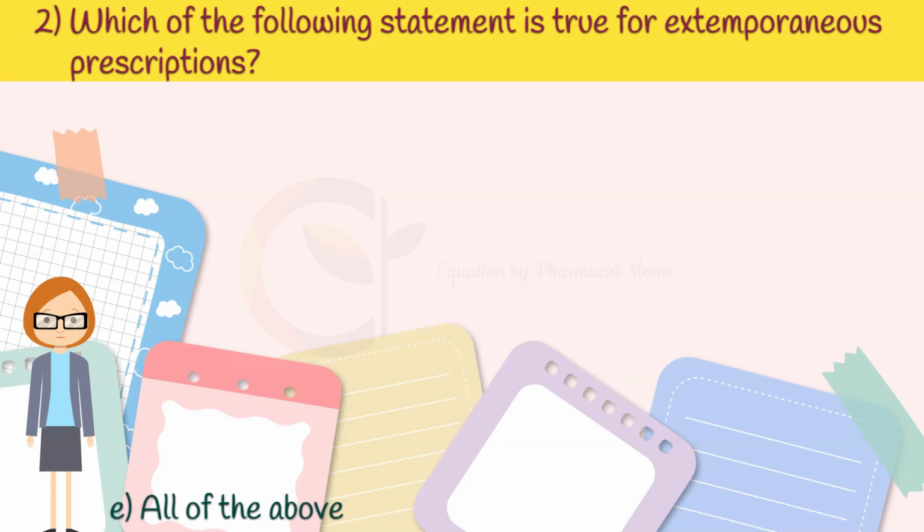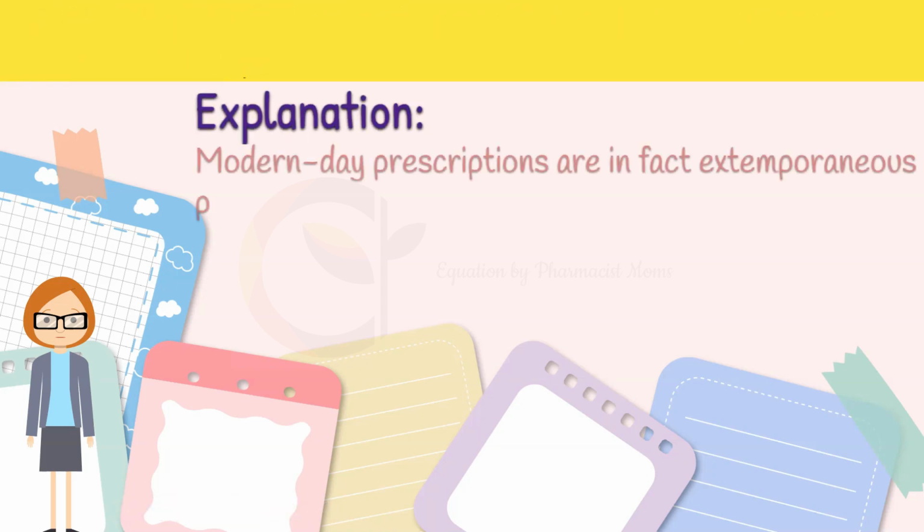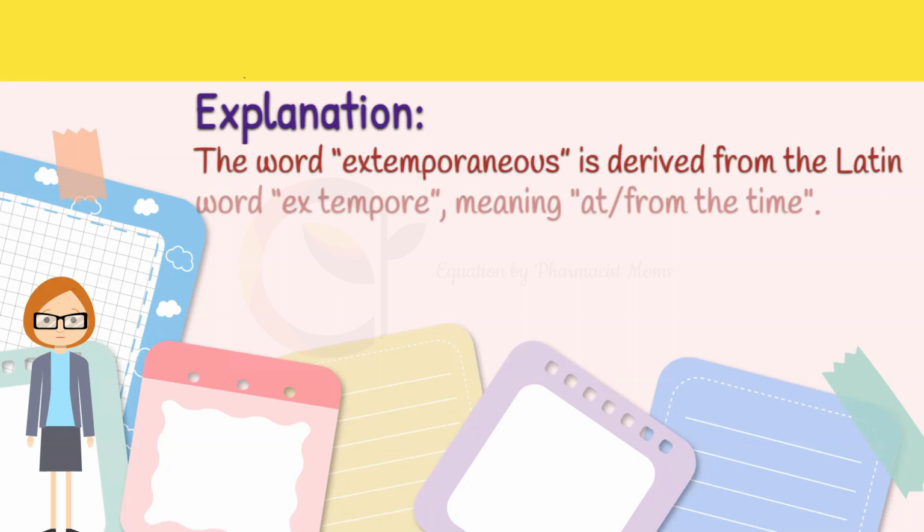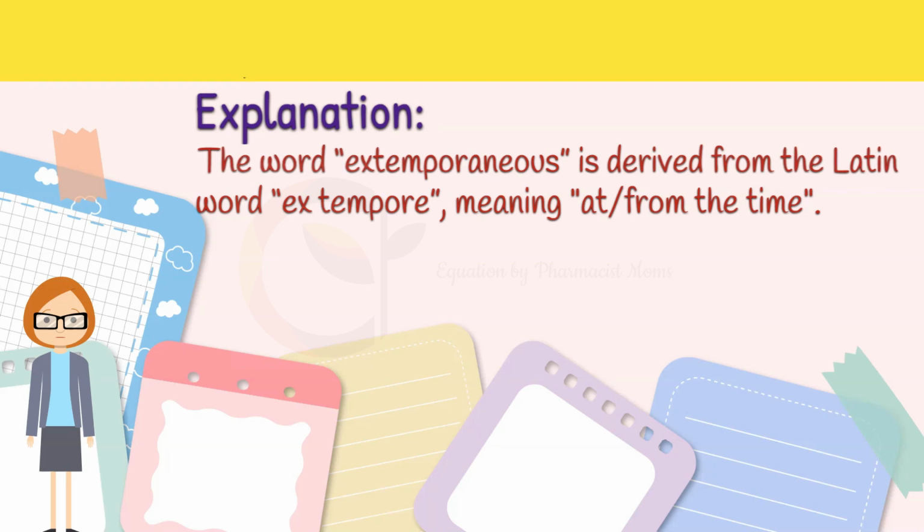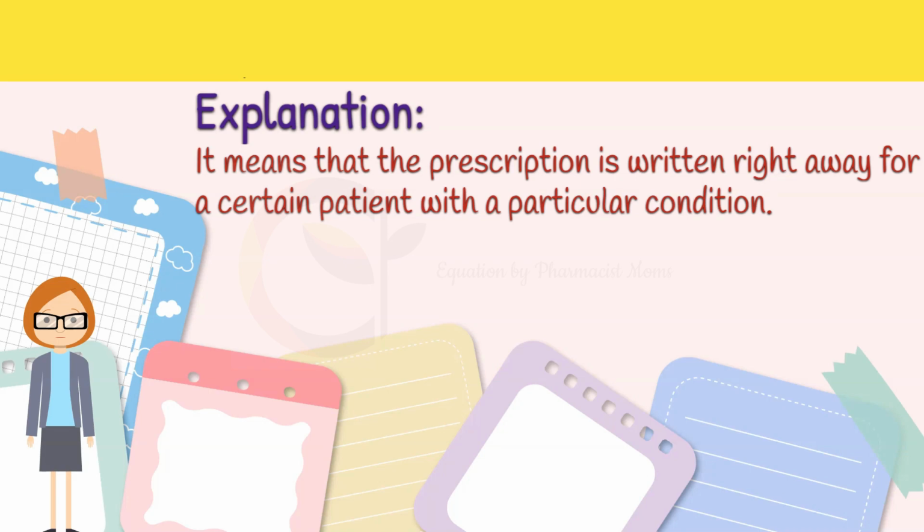The correct answer is option E. Modern-day prescriptions are in fact extemporaneous prescriptions. The word extemporaneous is derived from the Latin word ex tempore, meaning at or from the time. It means that the prescription is written right away for a certain patient with a particular condition.